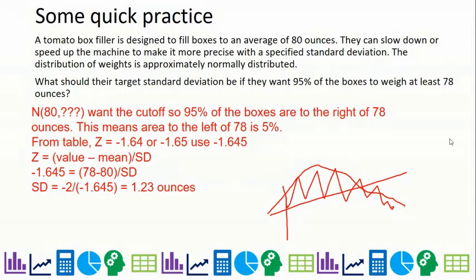Technically, it's a normal distribution, and I'm trying to shade in about 78. What percent of the area? Area to the left is 95%, right? Over here, 5% here. So I can find the z-score by doing inverse norm with 0.05 to the left, and I have to do 0 and 1 as mean and standard deviation. Why?